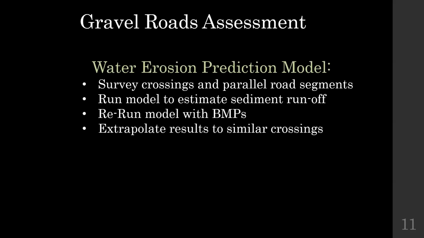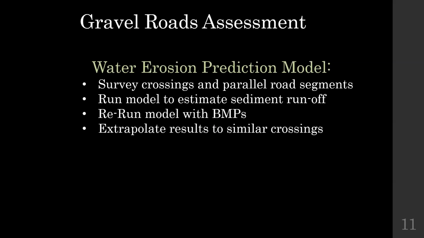First, I'm going to start with the gravel roads assessment. What we used is a watershed erosion prediction model where we went out and surveyed crossings and parallel road segments in the watershed that were representative. We didn't sample all of them, but we basically took a random sample and went out to those locations.